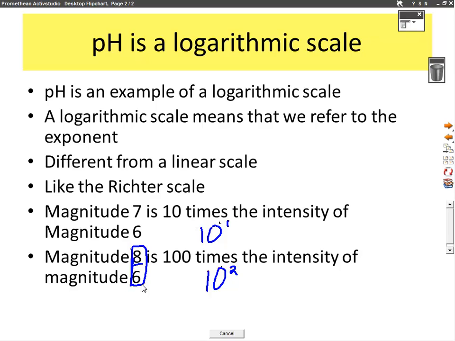So say, for instance, if we're comparing class size, let's say a class size is about 20 people. Let's say the school size is 2,000 people. Let's just say easy numbers. So if you're doing a logarithmic scale, a class size would be 1, and the school size would be a 3.